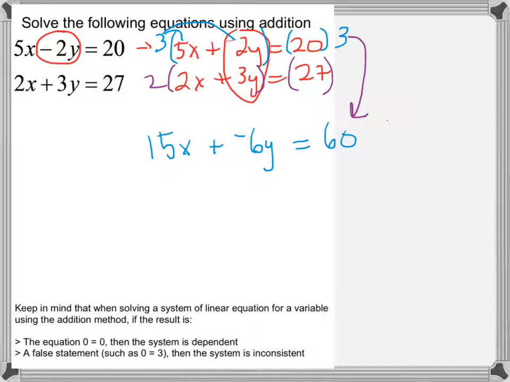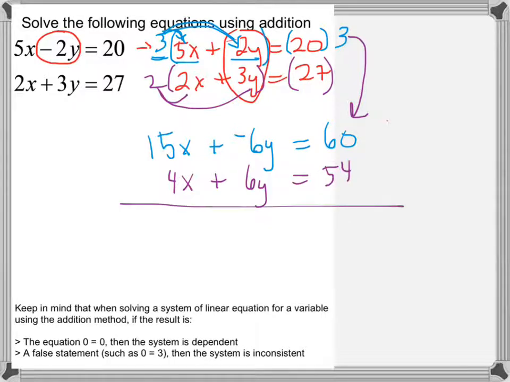Notice all I'm doing is multiplying the coefficients of the terms by 3. So I had 5x times 3, which is 15x, negative 2y times 3 is negative 6y, and that's equal to 60. And on the bottom equation, I'm going to multiply both sides by 2. So I have 4x plus 6y is equal to 54.